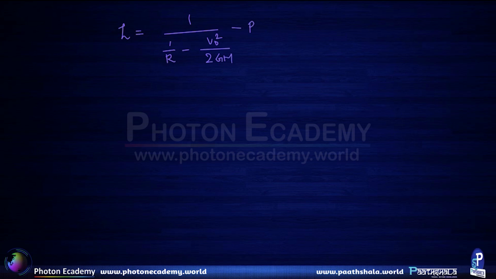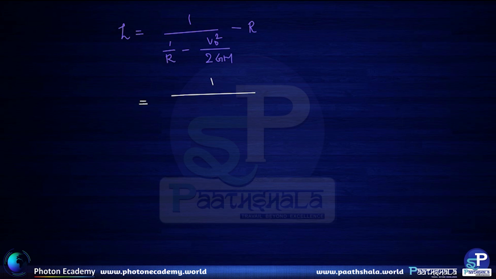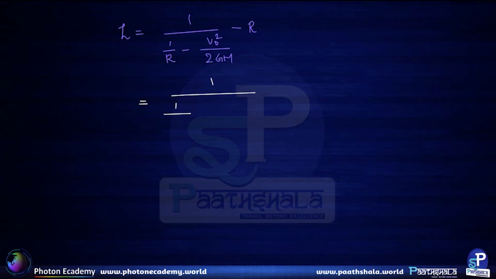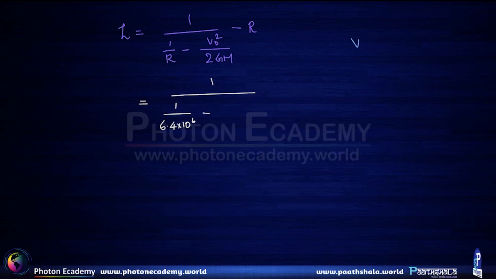Now let's substitute all the values. So this is going to be equal to 1 by (the radius of Earth, which is given to be 6.4 × 10^6 meters, minus v naught, which is given as 5 km per second, and in meters per second it becomes 5000 meters per second.